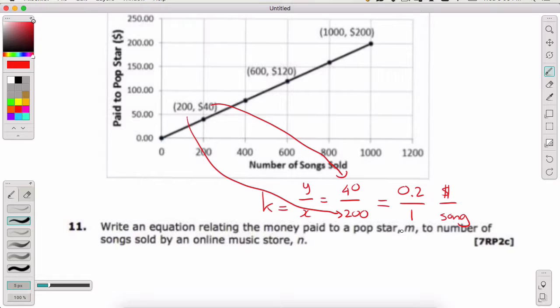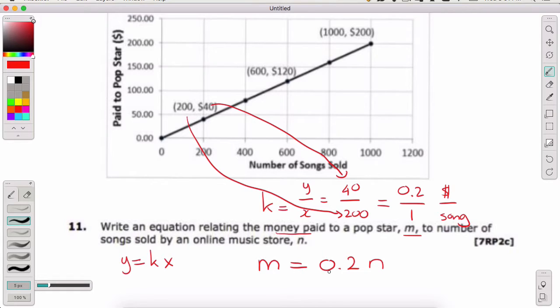So now it's asking, write an equation relating the money paid to the pop star, the M, which is similar to the Y in the traditional equation. We always do Y equals K times X. But here, instead of Y, I'm going to say M for money equals my K number, which is 0.2, times my X, but instead of the X, I'm going to say number of songs, so N for number.